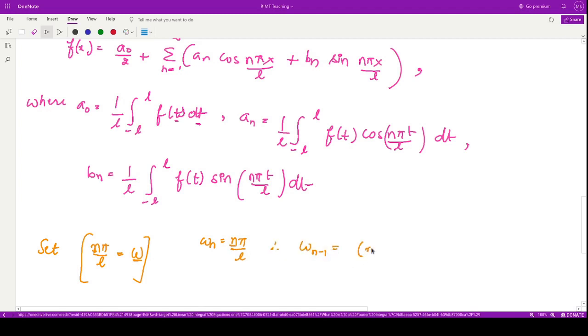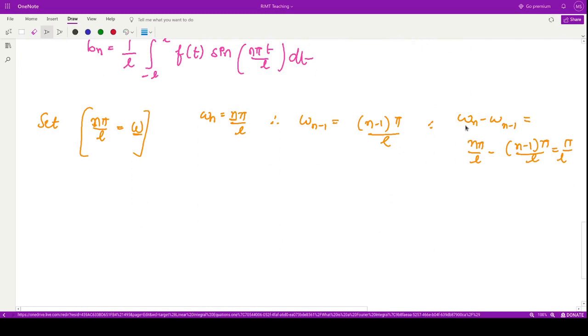In place of n, we would have n minus 1 times pi by L. So if I take the difference, omega n minus omega n minus 1 comes out to be n pi by L minus n minus 1 pi by L, which is simply pi by L. This is nothing but the difference between two consecutive terms. So I can write delta omega to be pi divided by L.